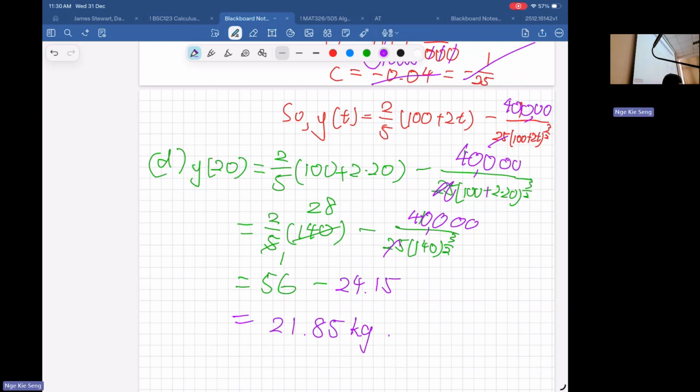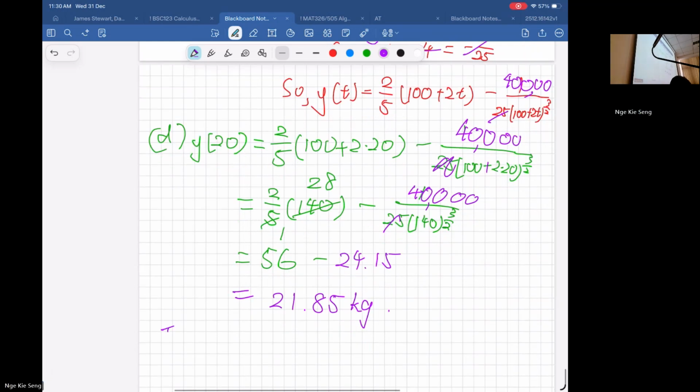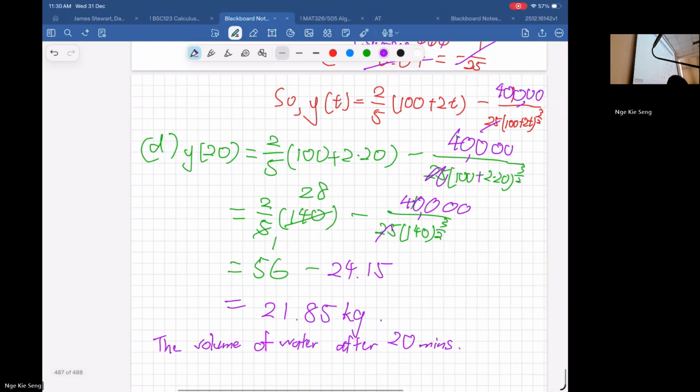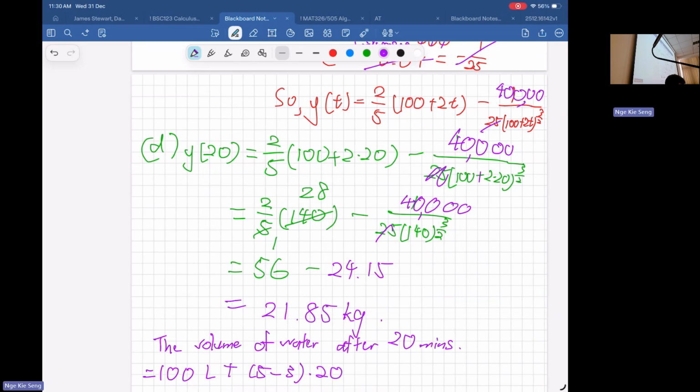Still remember just now how we got the volume of water after 20 minutes? This is just 100 liters plus 5 minus 3 times 20, which is 140 liters.